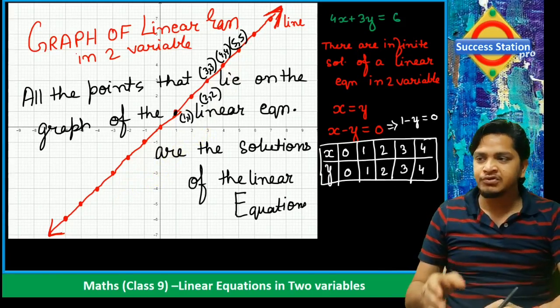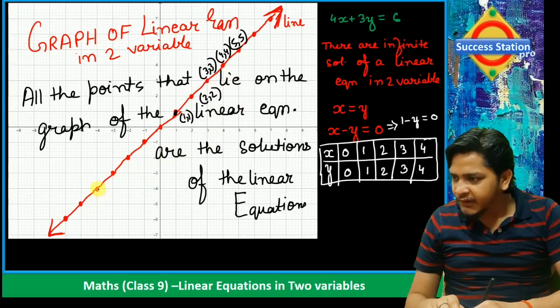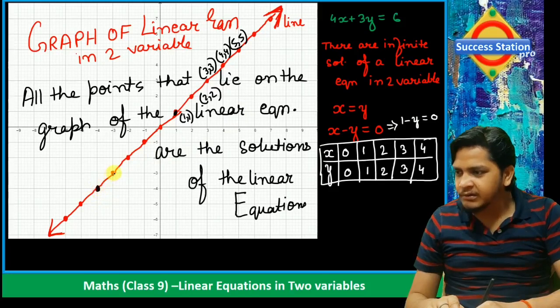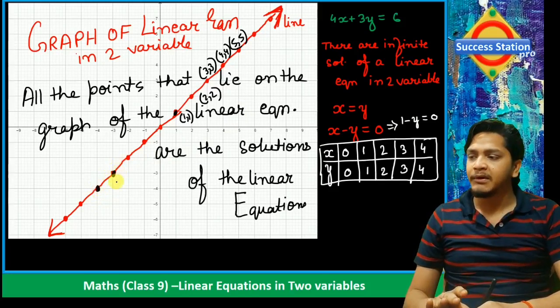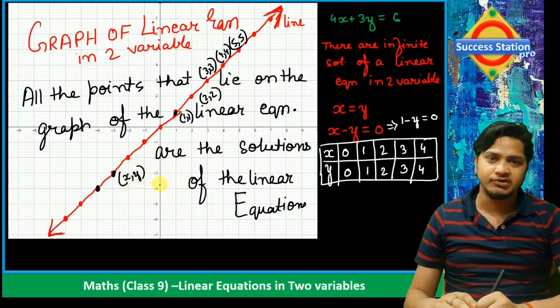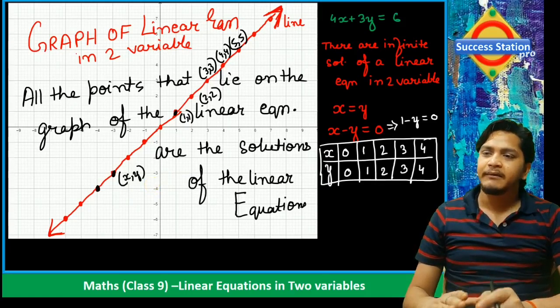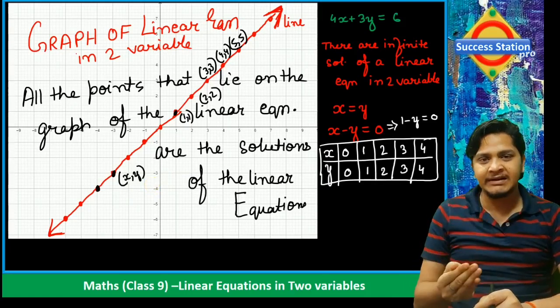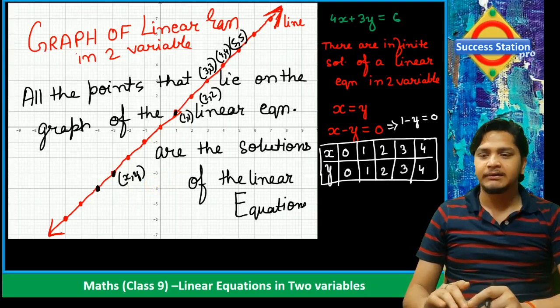Once you draw the graph, you can find infinite solutions. Wherever you keep your pen on the line, that is a solution. But do remember, always tell the coordinate, x comma y. Only x will not be a solution; x comma y will be the solution, the value of x comma the value of y. Clear or not clear?